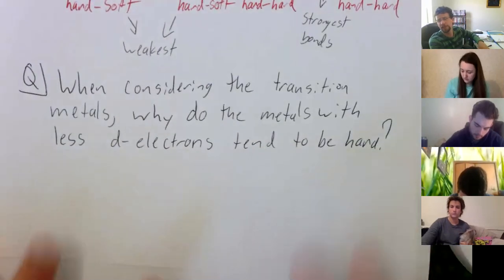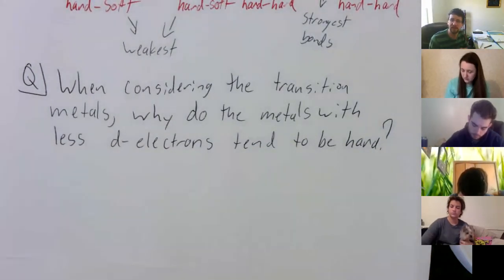So when we look at those transition metals, and we have ones with fewer d electrons, why do they tend to be harder?